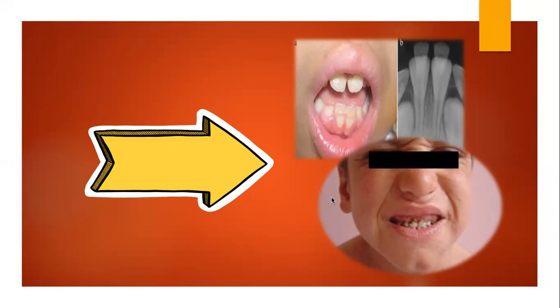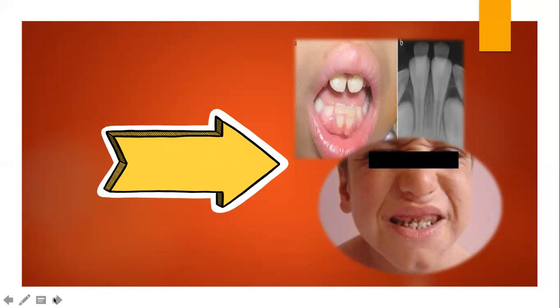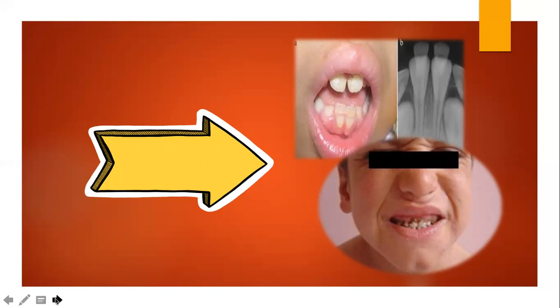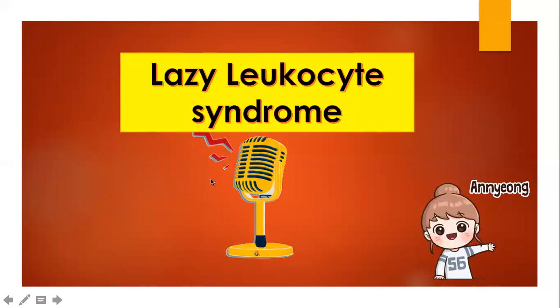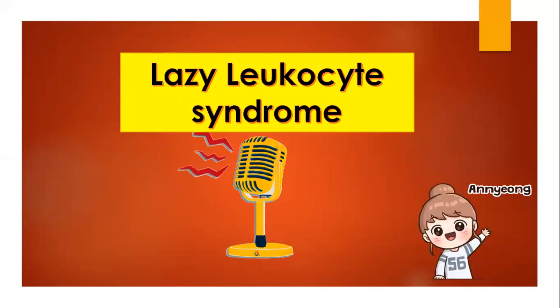Another example of inherited abnormal granulocyte function disorder is what we call the lazy leukocyte syndrome. In lazy leukocyte syndrome, in terms of its granulocytic function, both the random and the directional movement of the cells are defective. Unlike in Job syndrome, the random movement of the phagocytes is normal, but the directional motility is defective.